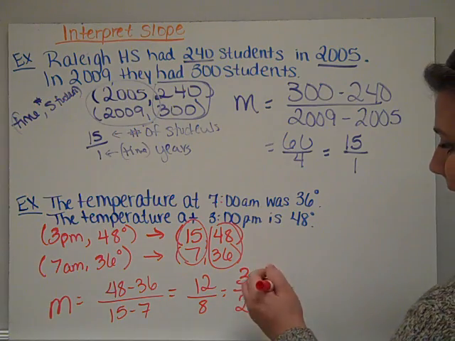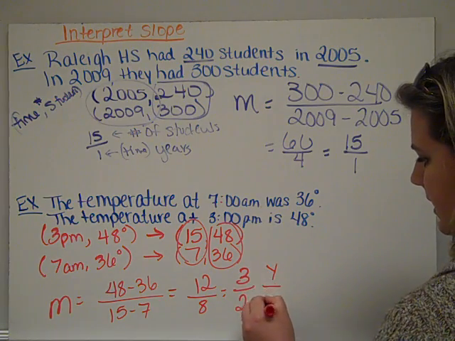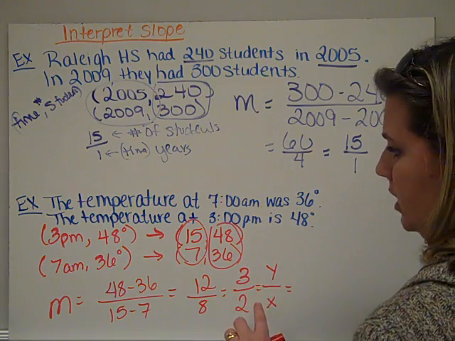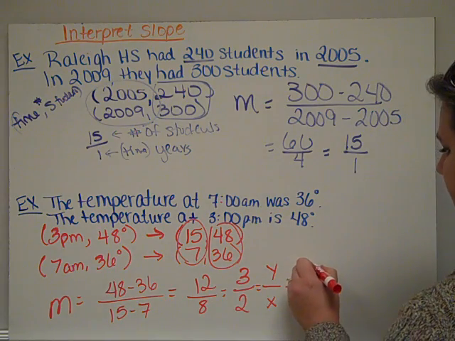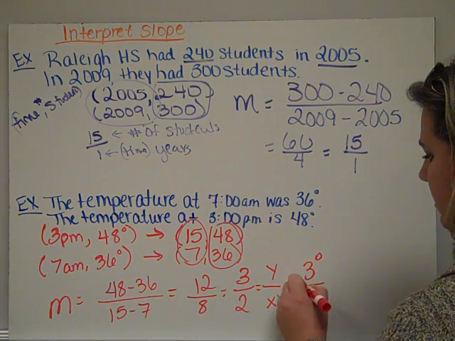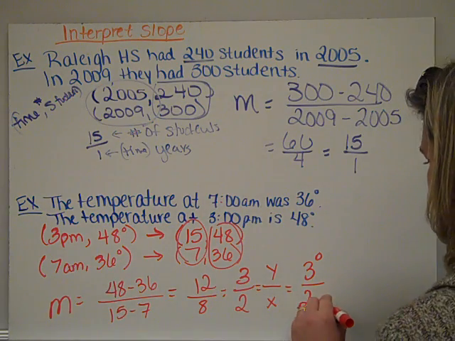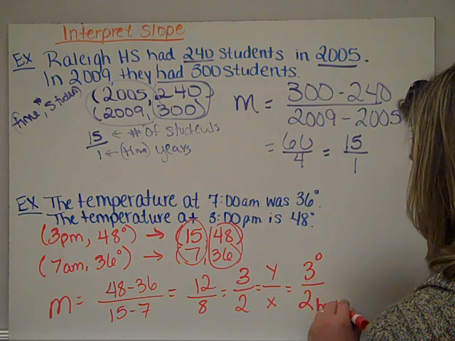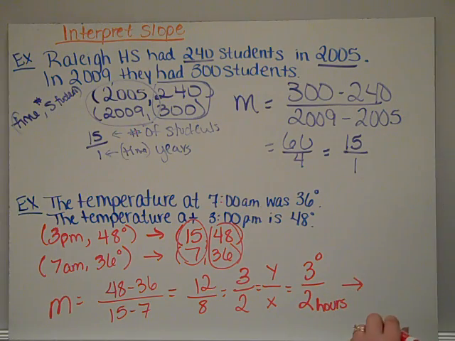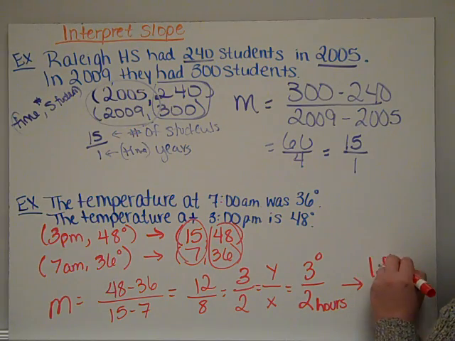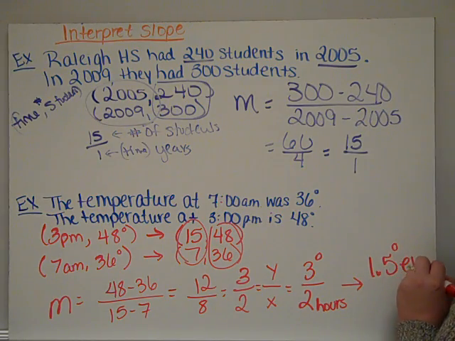Remember, we had our y's, right? Our y's are representing degrees. So this is saying 3 degrees for every 2, what? Talking about time, right? 2 hours. Well, I want to go down even further. That's another way of saying if I do that in half, that's saying 1.5 degrees every hour. Okay? Because 1.5 is the same as 3 halves.